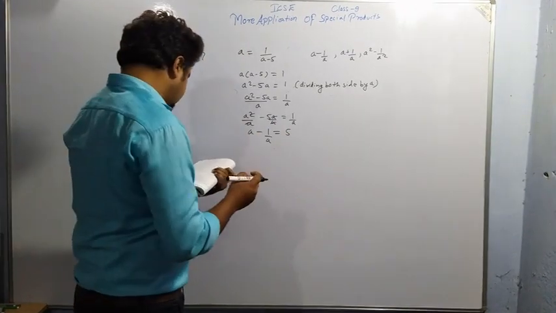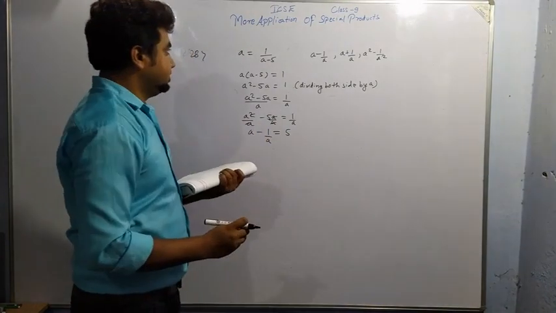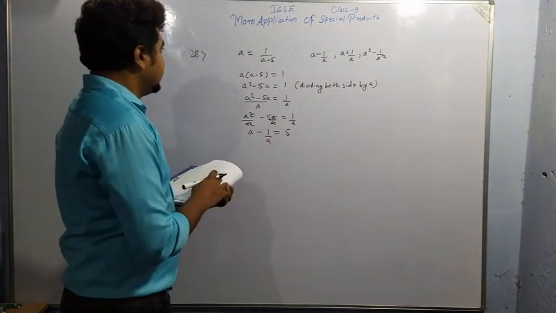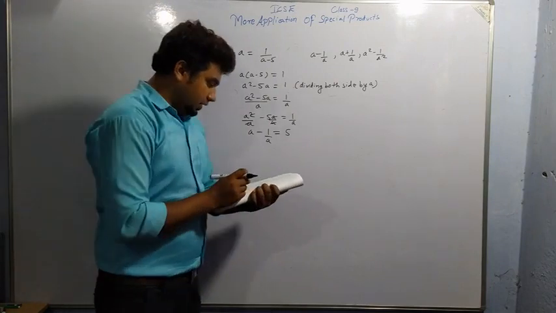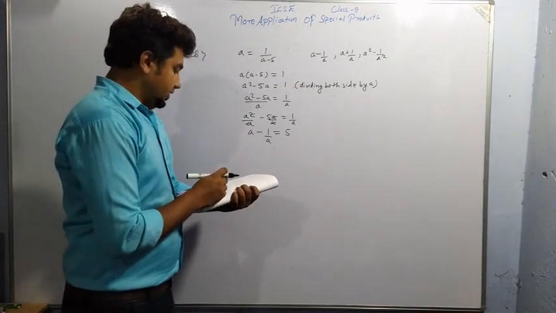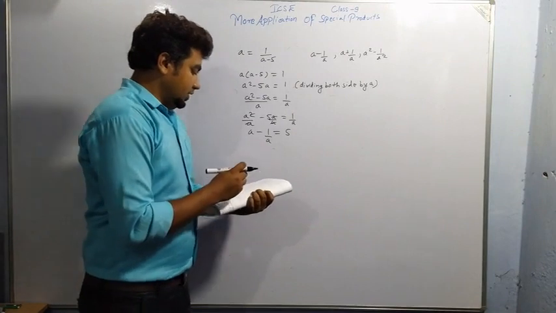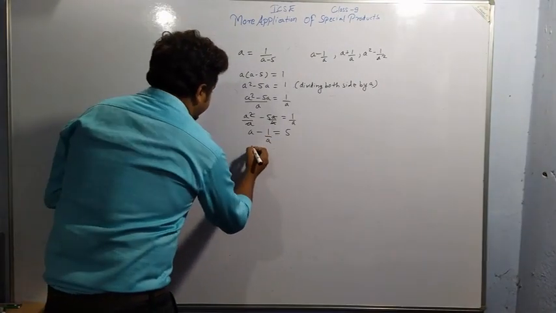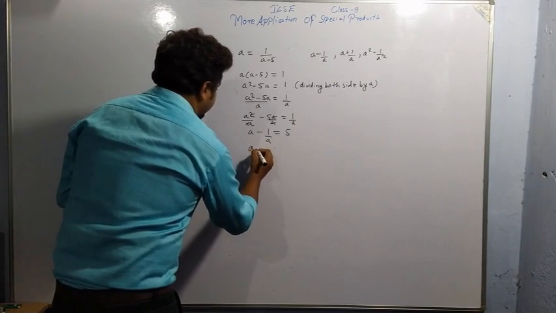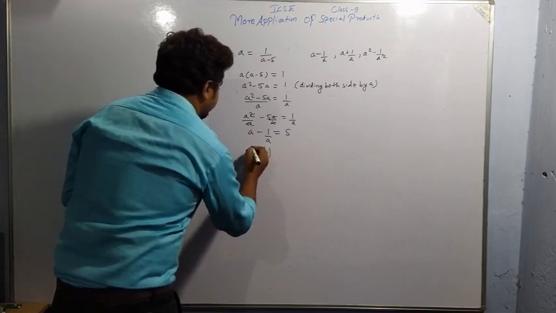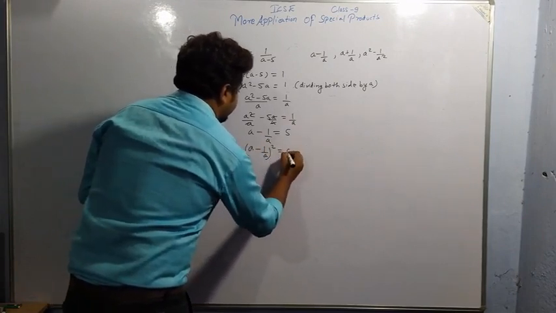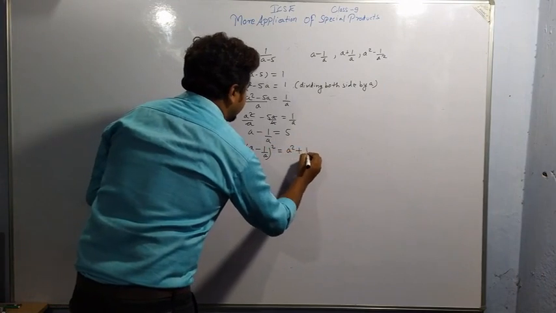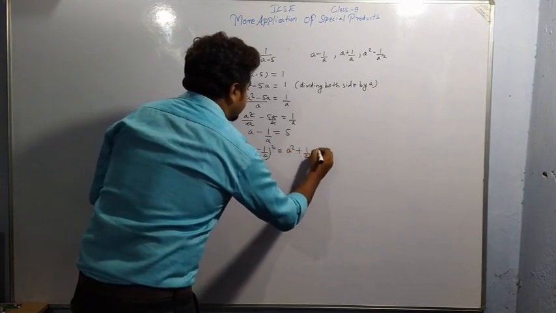Now we have to find the value of a plus 1 by a. How can we find the value of a plus 1 by a? In the question, we know the value of a minus 1 by a, so we can find the value of a minus 1 by a whole square, meaning a square plus 1 by a square minus 2.